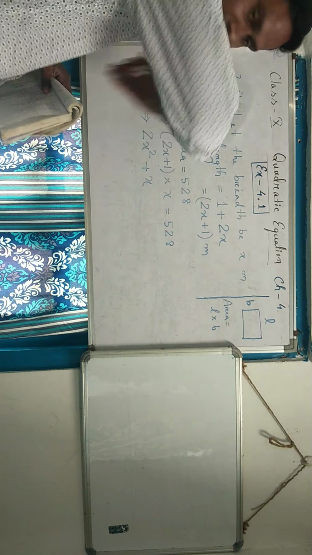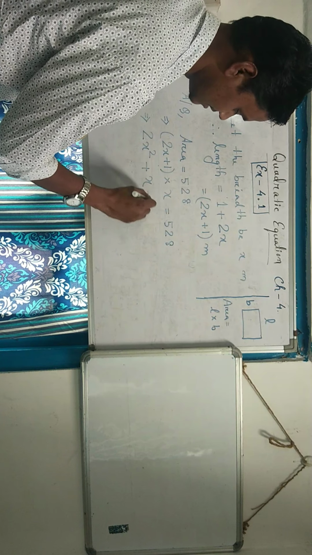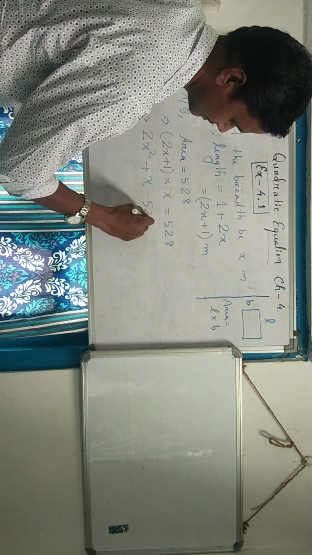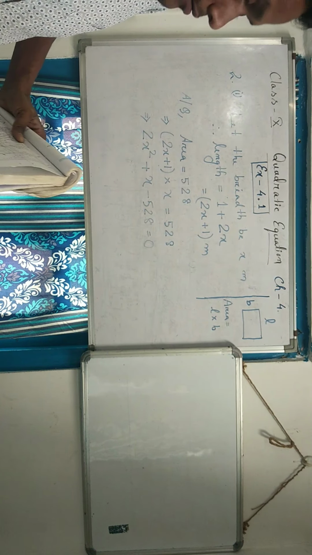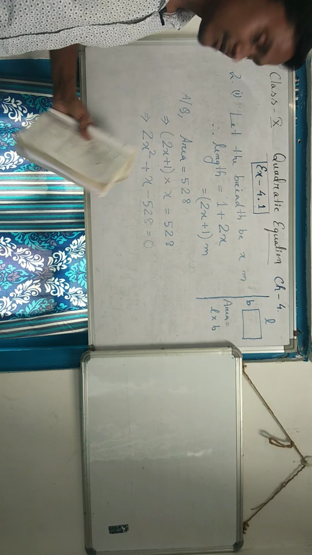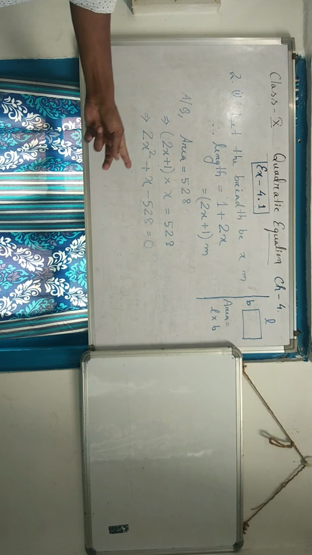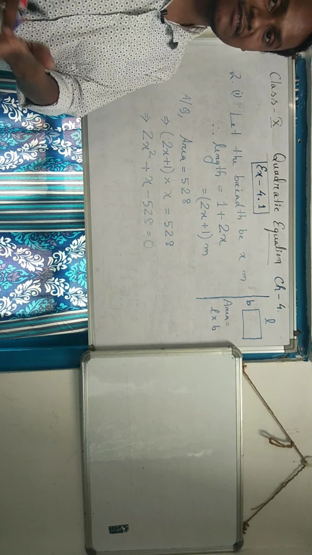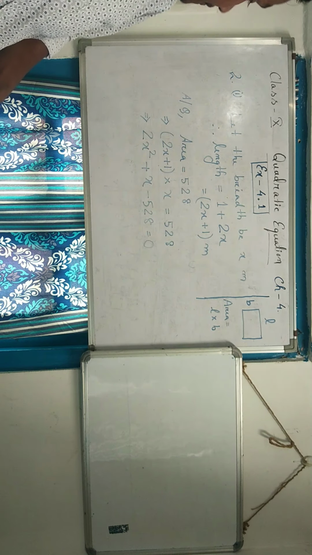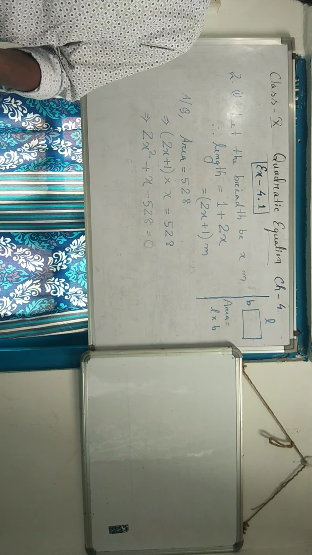528, I will take it on this side, so minus 528 is equal to 0. So twice x square plus x minus 528 is equal to 0. This is the required form.